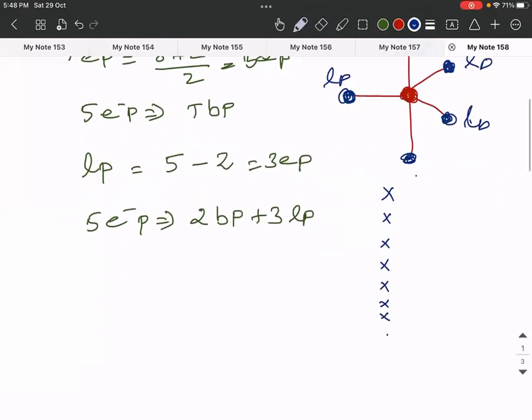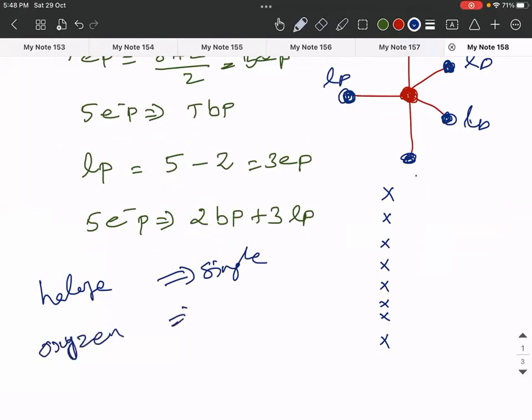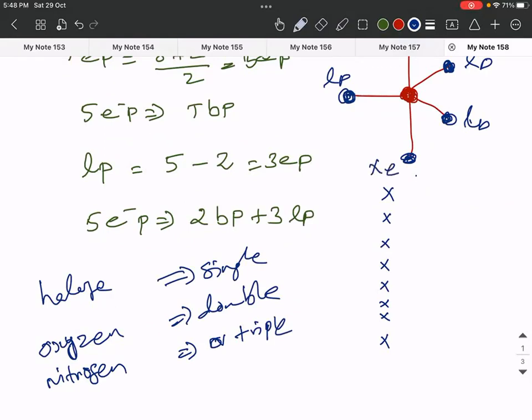You have to remember halogens will be attached singly, single bond. Oxygen, double. Nitrogen, you remember these 3, triple. Now this is the total electrons of xenon.